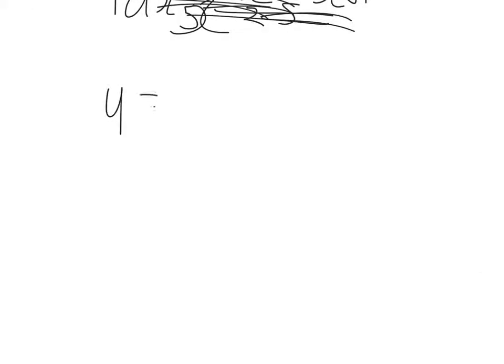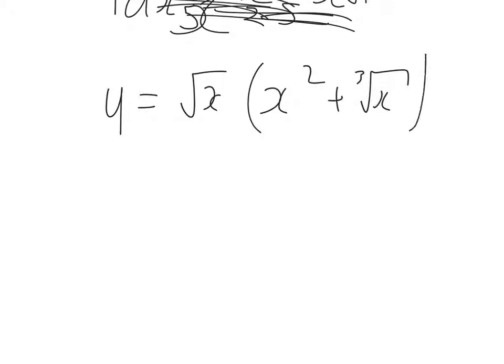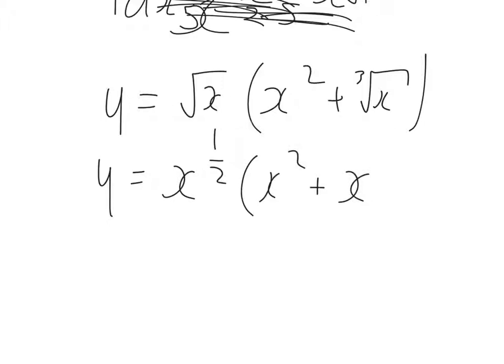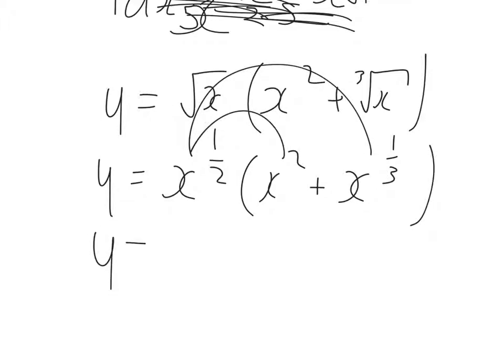Okay, final one, we're going to look at y equals the square root of x bracket x squared plus the cube root of x. So that will be x to the half bracket x squared plus x to the 1/3. So we're multiplying this out. Remember, for multiplication of powers, we add the powers together.